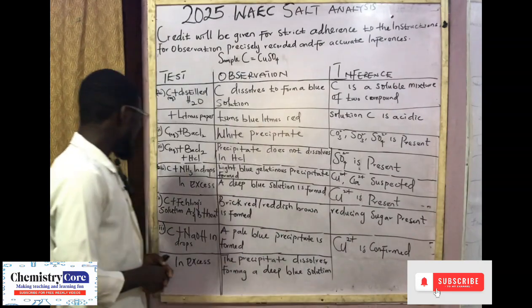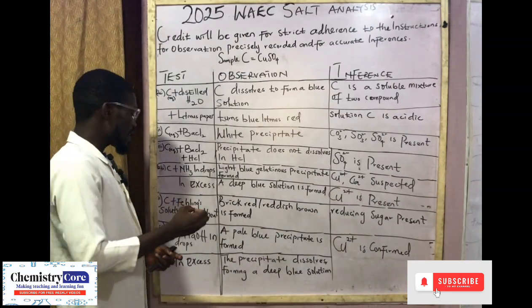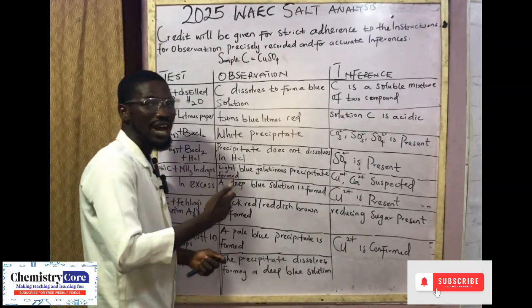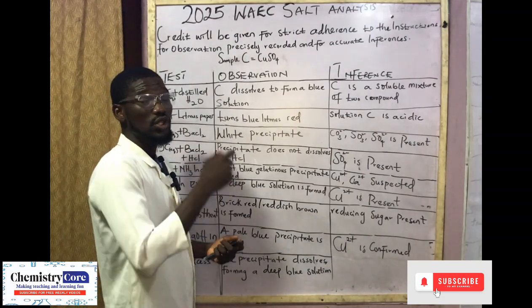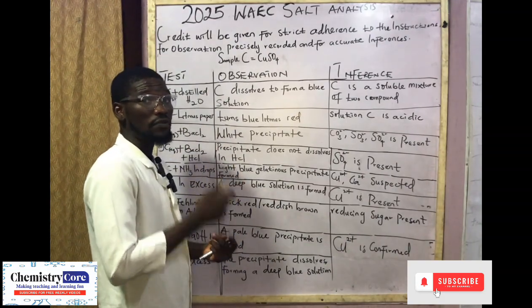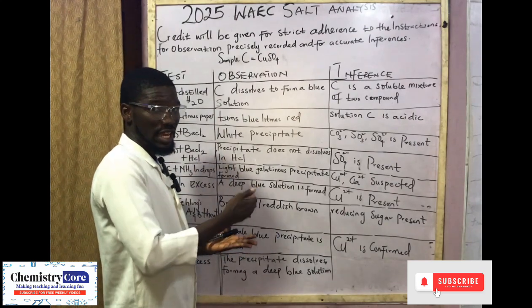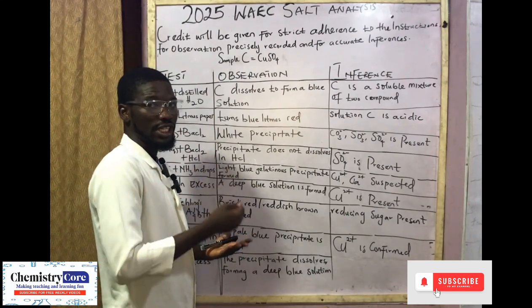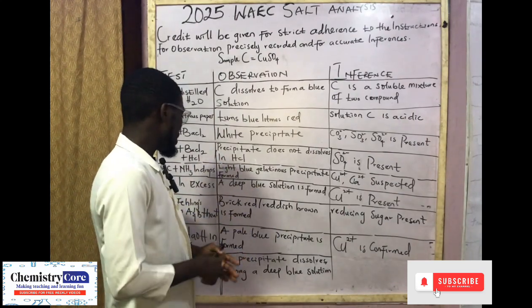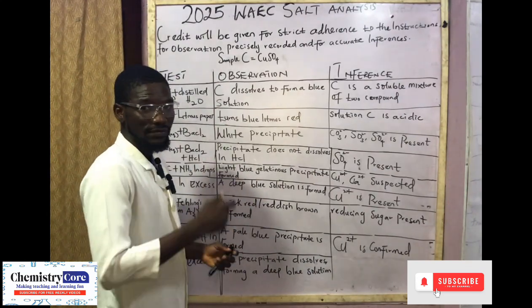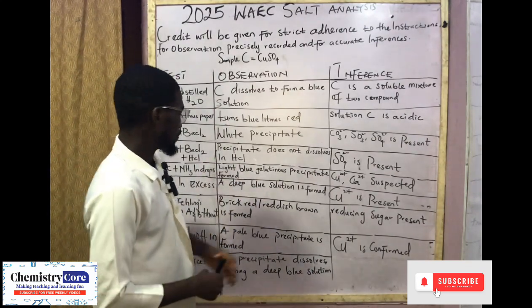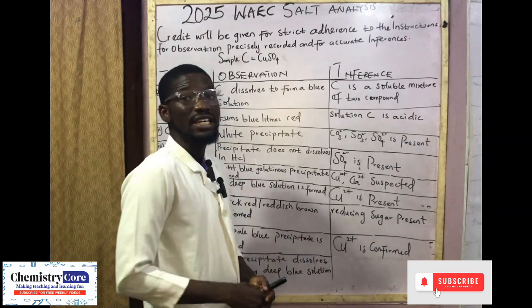So the next one is sample C plus Fehling solution. As the tutor asked, you have to measure 2 cm³ of Fehling solution A as well as Fehling solution B. With that, brick red or reddish brown is formed. With that, reducing sugar is present.